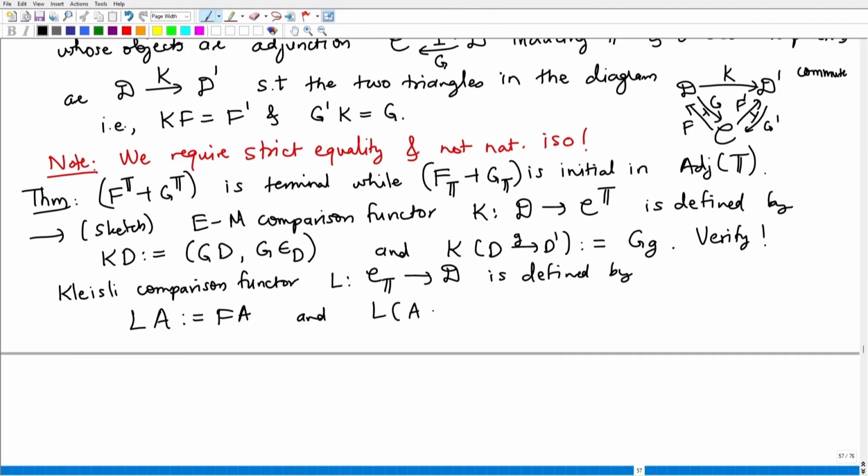And then L of the wiggly morphism from A to A prime. This is F. What should we do with this? We have to, of course, start from FA and we have to land in FA prime. So what things can you do?